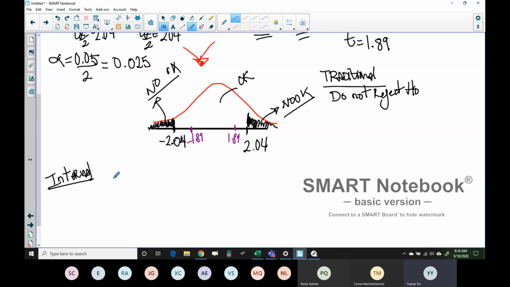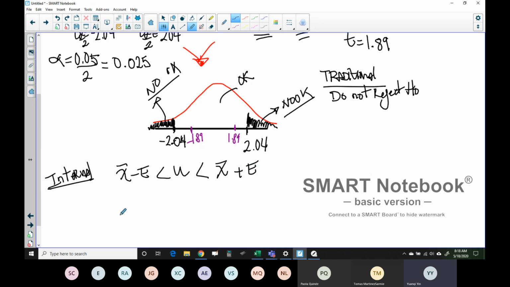Because I don't know if you can take a picture of that with your phone and upload it. We'll practice that on Thursday, I guess. All right. So what is the interval method? It is x bar minus the E value less than mu less than x bar plus E.